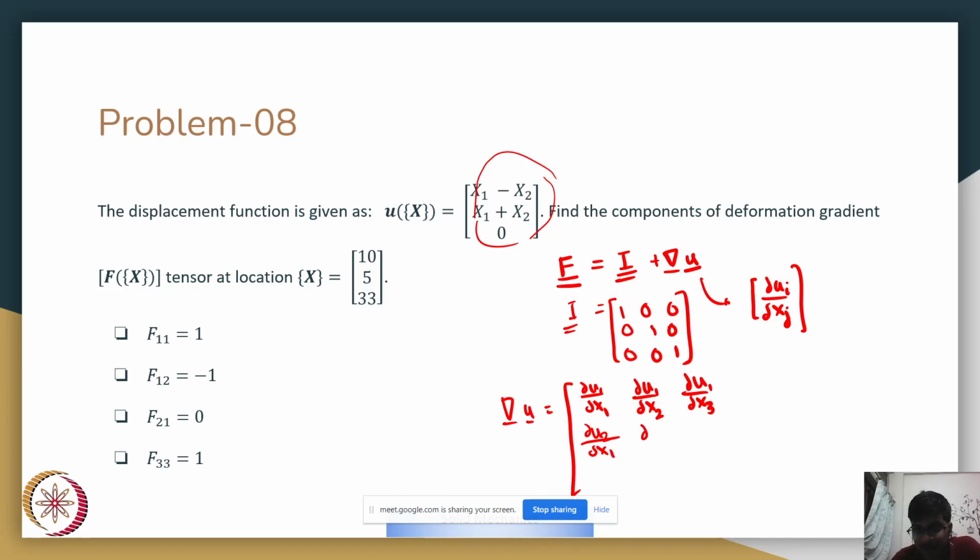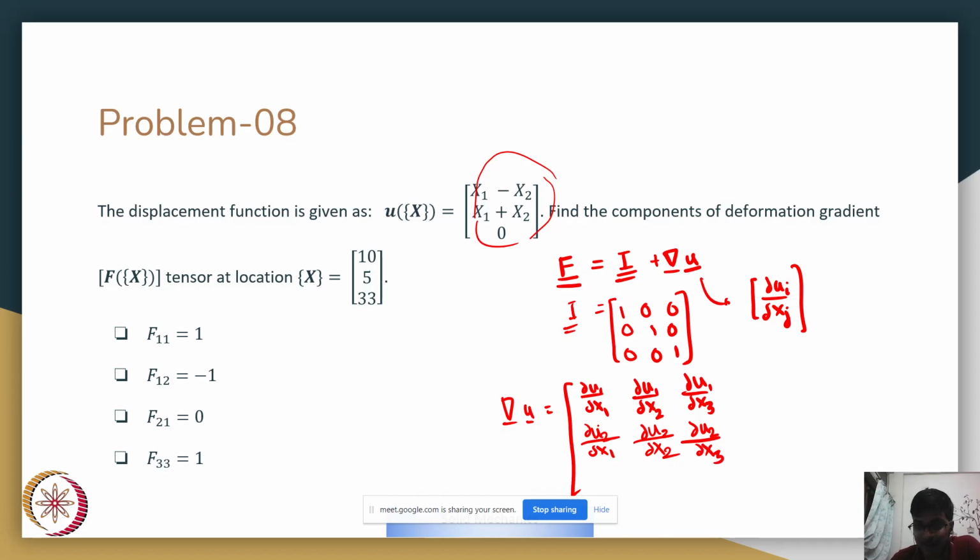First of all, is this correct? Do I write this as a row or do I write this as a column? What you're writing is correct. So why do we write this in this way? Like how do you know?